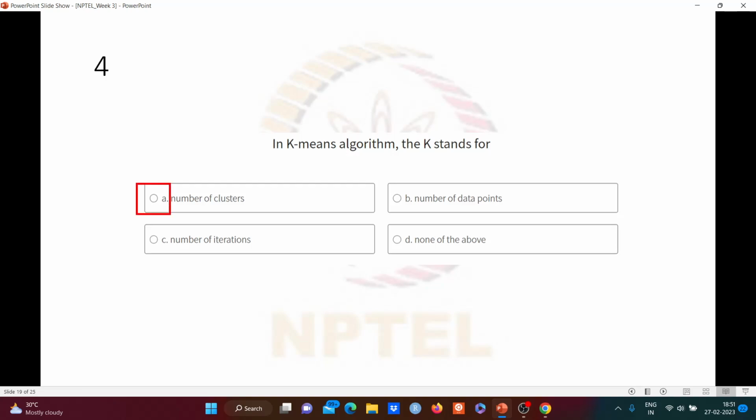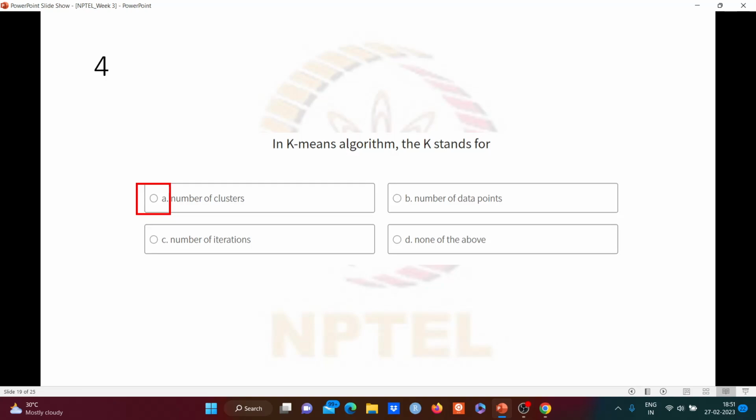Okay, the answer is number of clusters. The given option B is number of data. In the K-means algorithm, K outputs have to come from it.